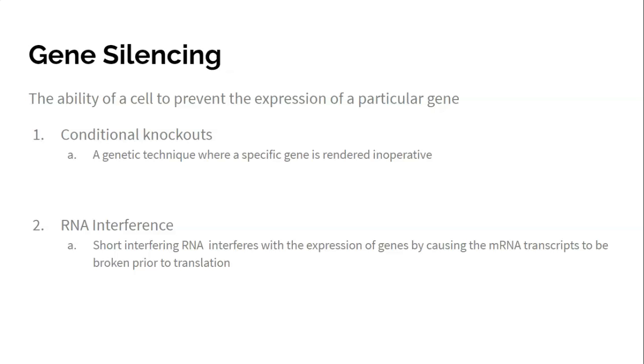And then RNA interference is short interfering RNA, which messes with the expression of genes. And it does this by causing the transcripts to be broken before you go to translation. So you can transcribe mRNA, but you interfere and break that transcript before it gets to the translation period, so you never actually make the proteins.